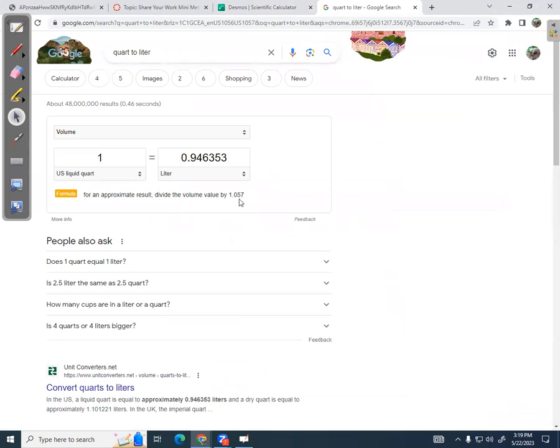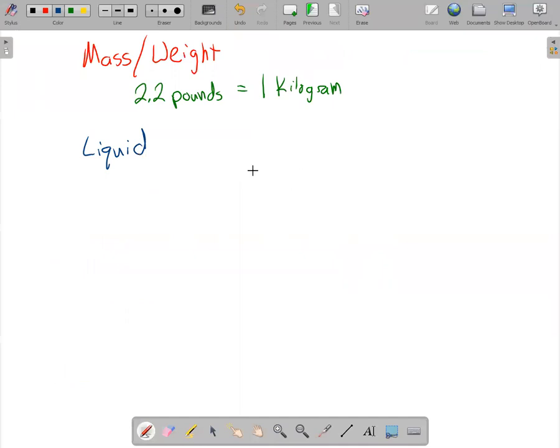Going the other way, this would tell me 1 liter would be about 1.057 quarts. I think I'll take that version. So that's what Google's telling us underneath here. If we put a 1 there, we get, oops, what happened? Okay. 1.057 quarts. It's equal to 1 liter.